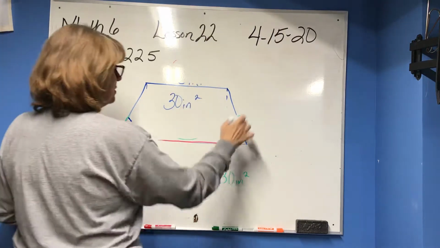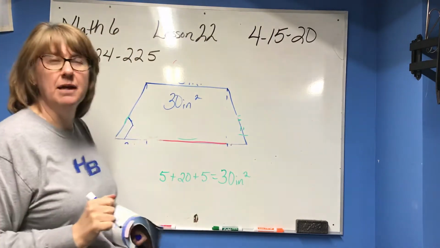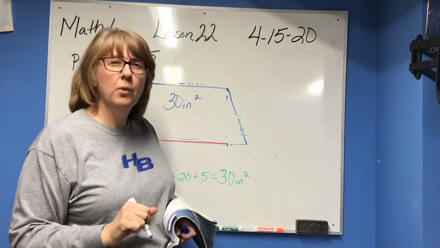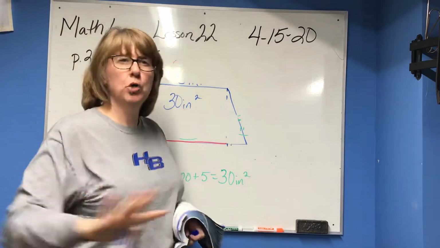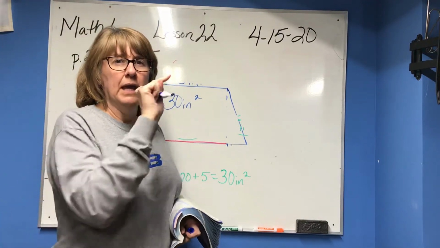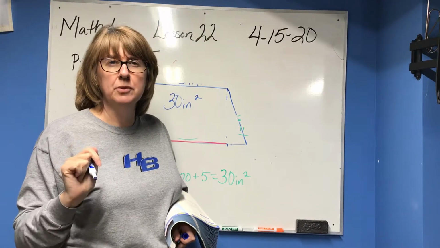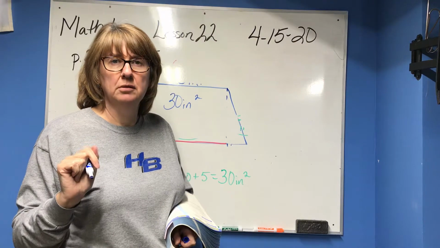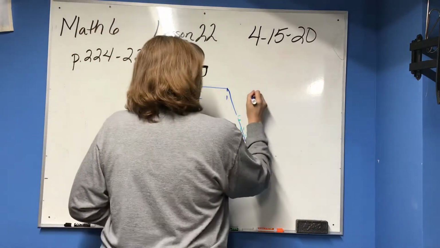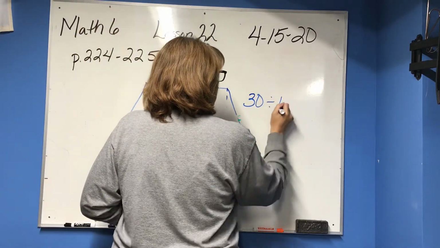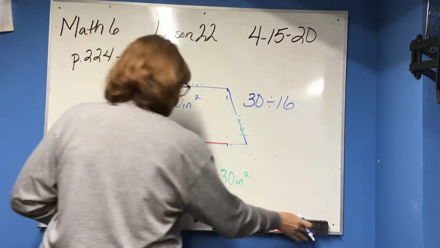If I fill this all the way in, there were 16 of them. So what operation is that? The total is 30, and I want to know how much is each one of those little 16 trapezoids. Did you figure it out? We're going to do 30 divided by 16.